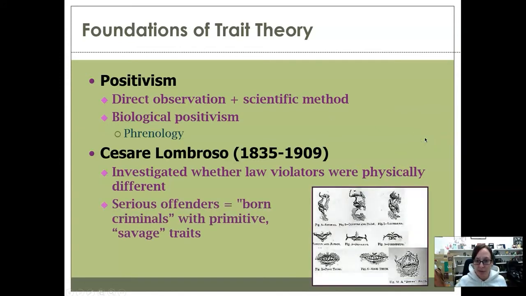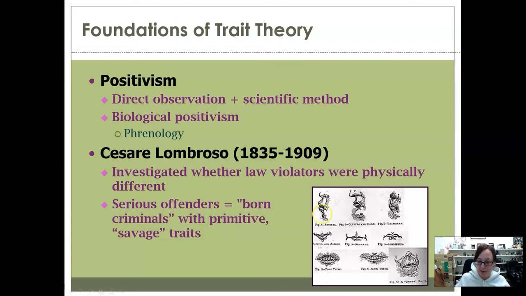He was talking about the most serious offenders, chronically aggressive, impulsive, and causing a lot of societal problems. But he basically said that these people were born criminals and that they had these primitive, savage traits.